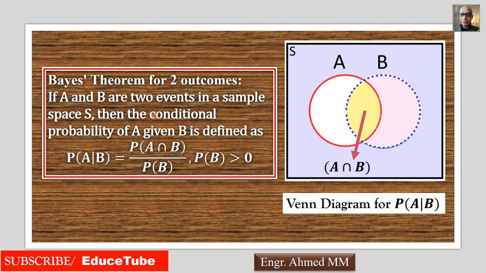On the left hand side, we have Bayes theorem. It is for two outcomes.